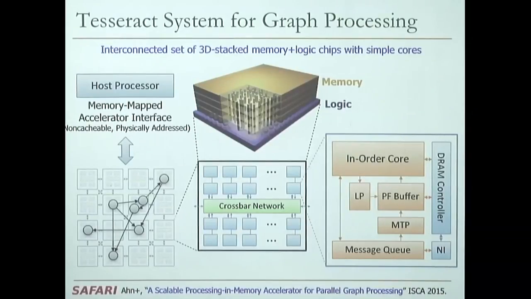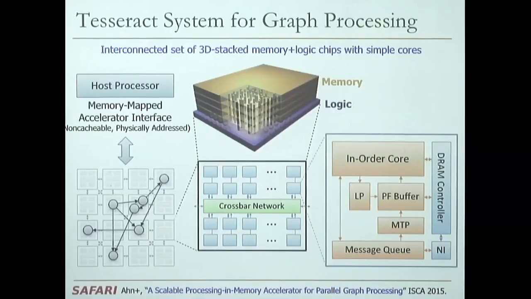And then, basically, whenever you want to do a computation on a node, you send the computation to where the node resides. And the in-order core that's sitting over there receives that computation in the form of messages and acts on the computation, does the computation, generates a result, and then generates some other computation and sends it to where the data resides.